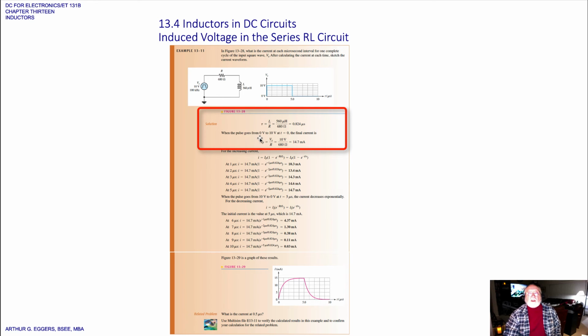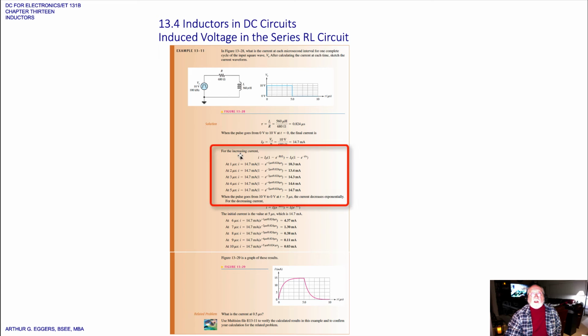When the pulse goes from 0 to 10 volts at time 0, that's your initial pulse. The final current is V final equal to the source divided by resistance. In this case, we get 14.7 milliamps.